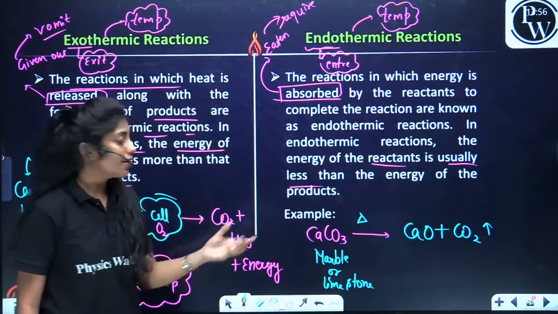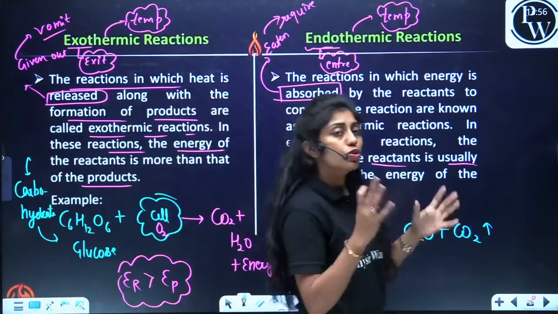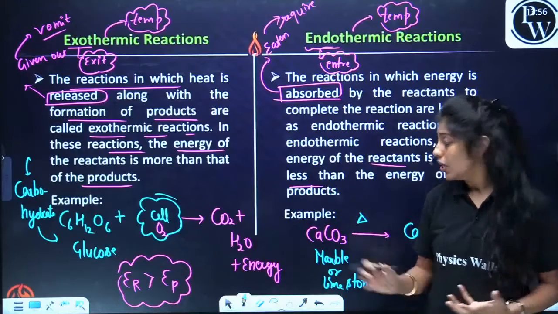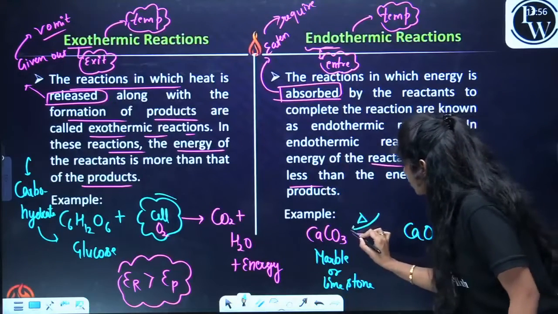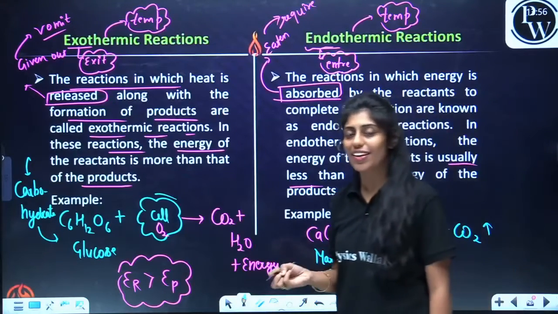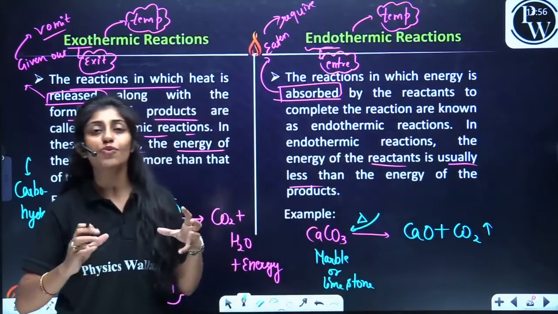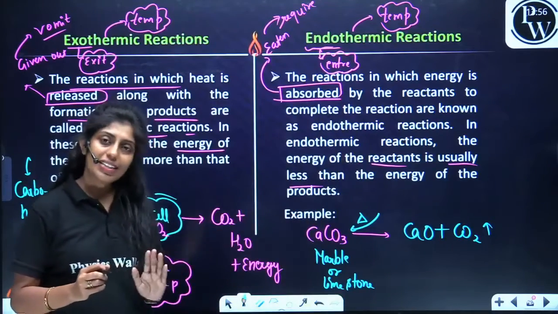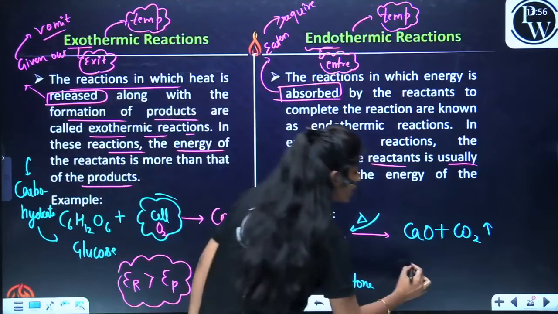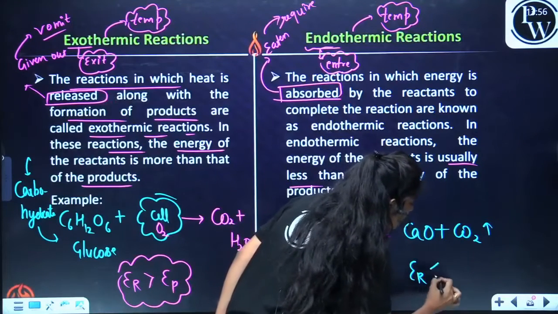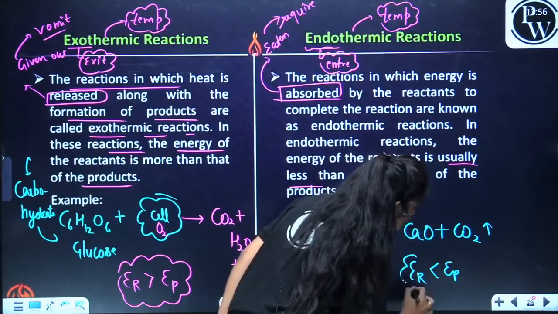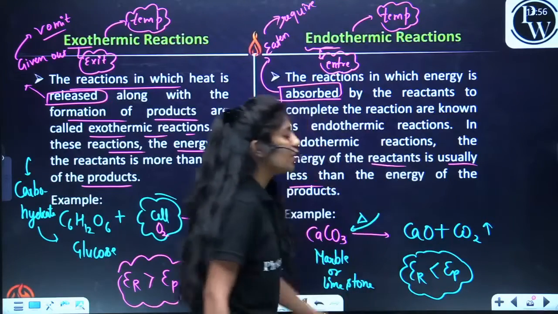Why are we saying that? Suppose calcium carbonate could not decompose by itself. It is eating up some energy from the surrounding. Okay, so the energy was less on the reactant side. So I can write the energy of reactant is lower than energy of products. Are we good with this?